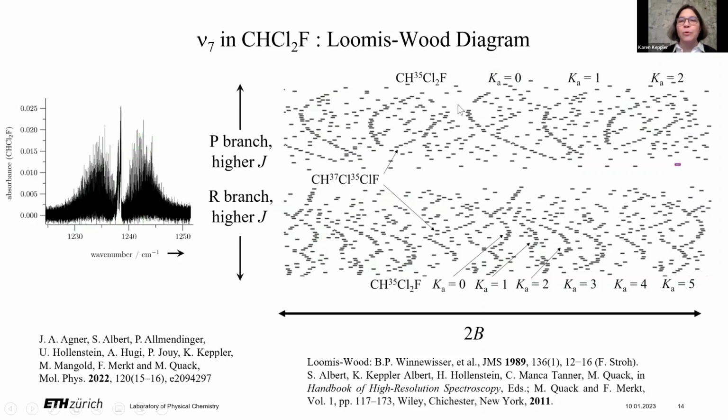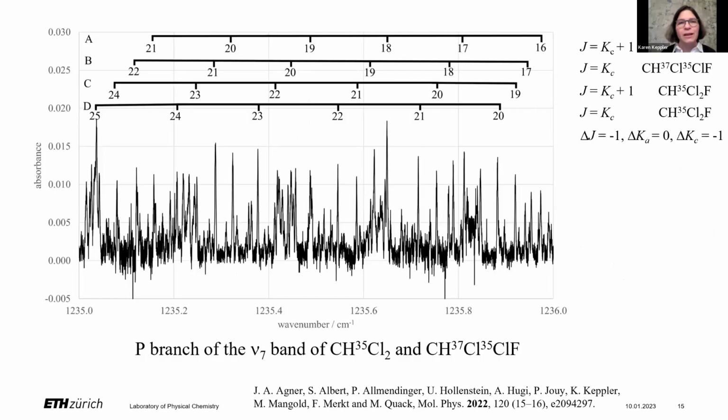And what I can also point out is that these spectra were very clean, and so we were able to see not only the main isotopologue, but also the singly substituted one. And so this made it pretty easy actually to go forward and to analyze the spectra. And so you can see here part of the P branch and what we were able to assign.